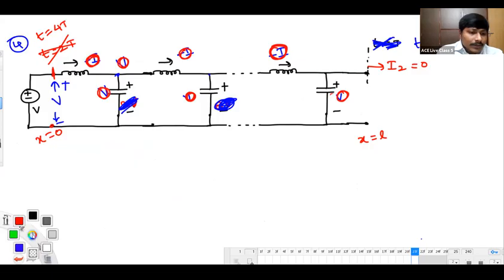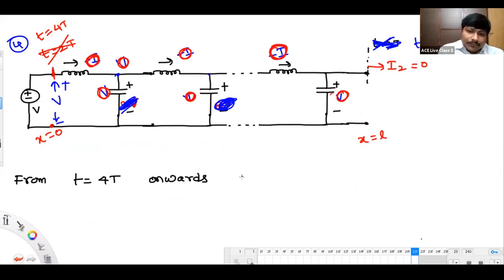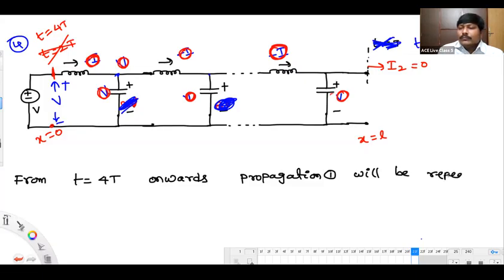So I'll write: from the time t equals 4t onwards, propagation 1 will be repeated. So this is about the open circuit line wave propagation.